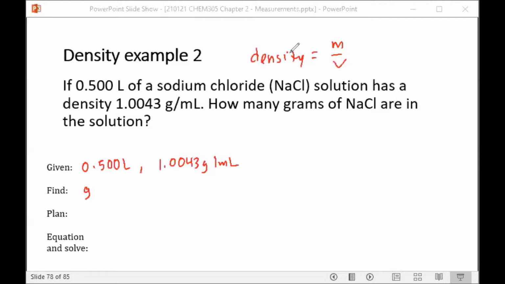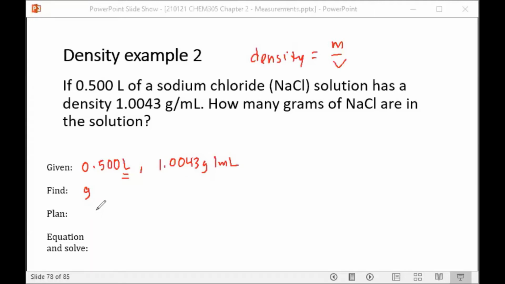If our density is in grams per liter, like with a gas, then our mass would be grams and our volume would be liters. So in this case, to make this problem extra tricky, we gave you a volume in liters of the solution. And because our density is in grams per milliliter, we're going to have to get these volume units to match up. So before we can solve the problem, we're going to have to do a unit conversion.